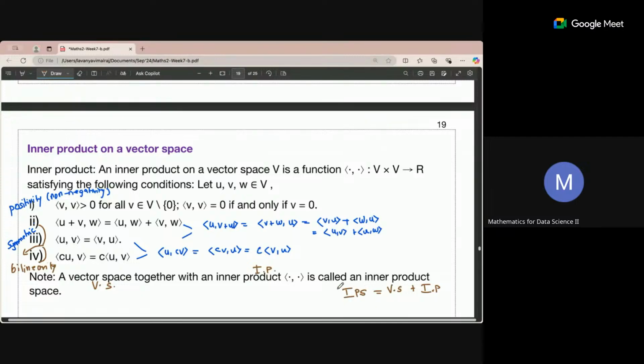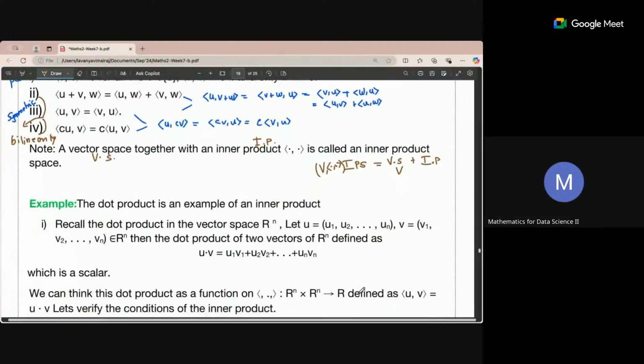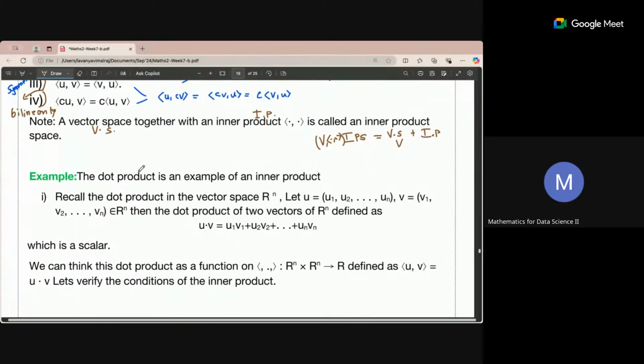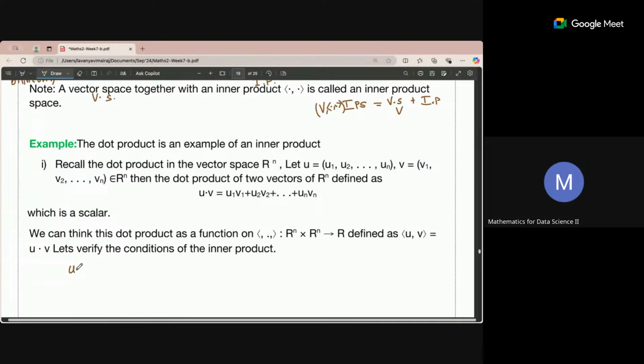It is again the same V, but together with another function, the inner product. Already we know that the dot product is an example of an inner product. In fact, we considered it as the motivation. Of course, in the dot product, u dot u is simply u1 squared plus u2 squared plus etc.